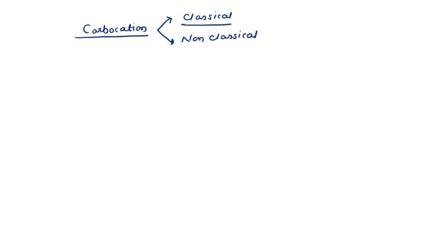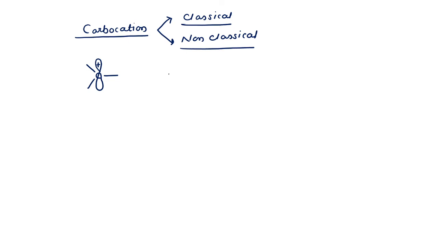So classical, planar, non-classical, non-planar, that is okay. But regarding the carbocation, it has 3 sp2 hybrid orbitals and a p orbital, which is perpendicular to the plane, where there is a presence of positive charge. This carbocation is sp2 hybridized.